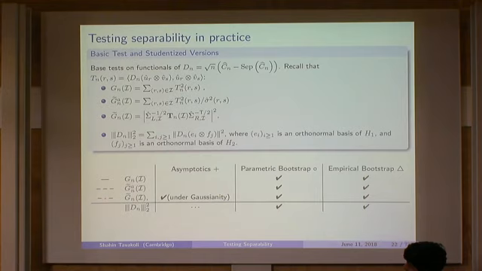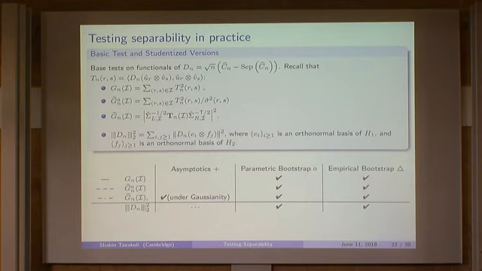In the plots, the plus will mean that I'm looking at the p-values obtained under the central limit theorem. The circles will denote parametric bootstraps, and the triangles will denote empirical bootstraps.